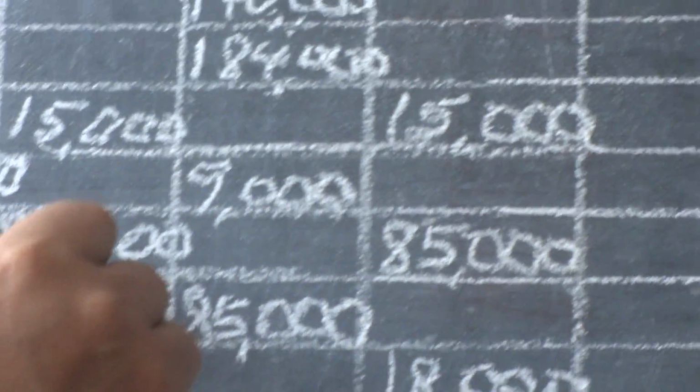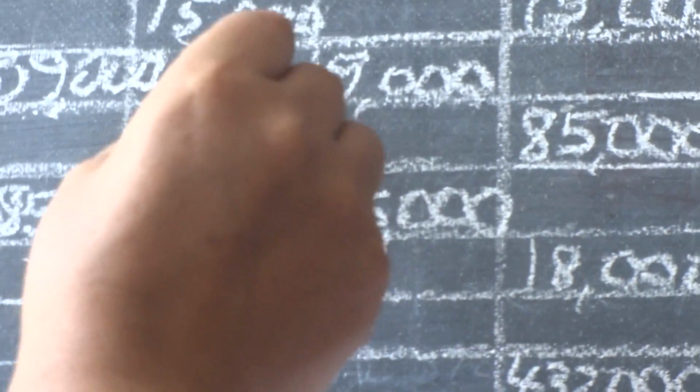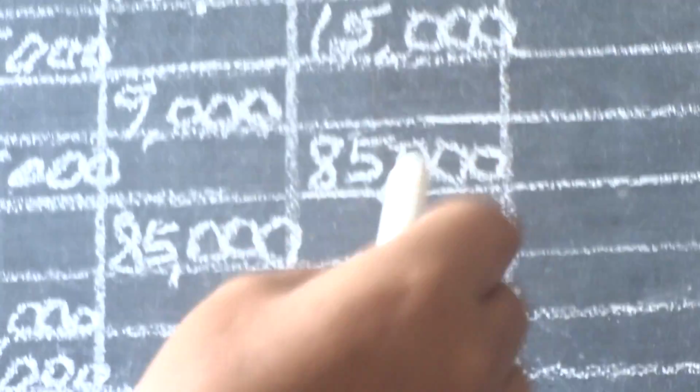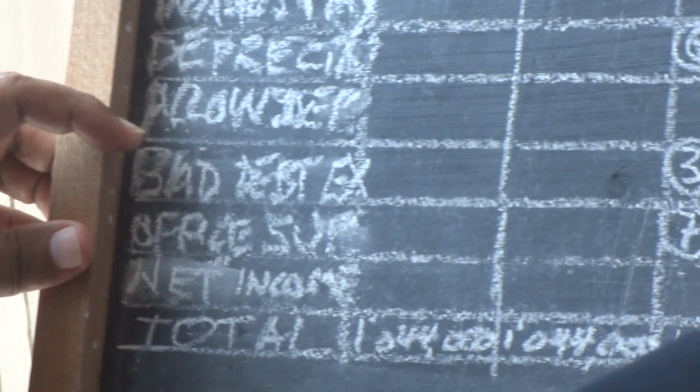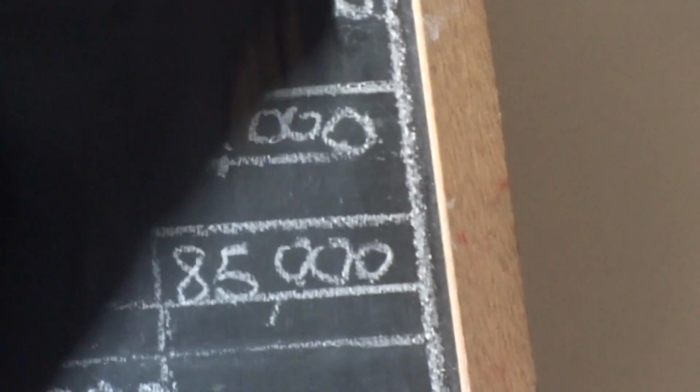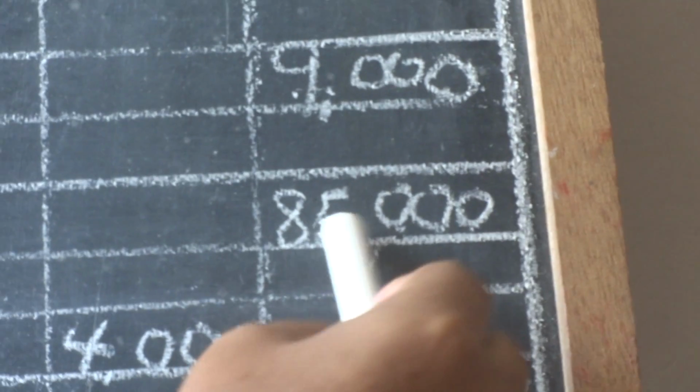Depreciation goes to the column debit in the adjusted trial balance, and then to the column debit in the income statement, because it's a loss for the company. Then we have the allowance for $85,000 that goes to the credit, and then to the column credit.